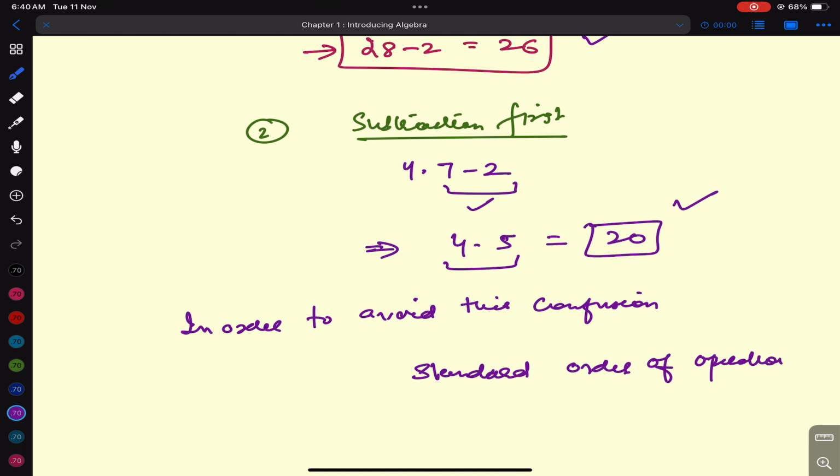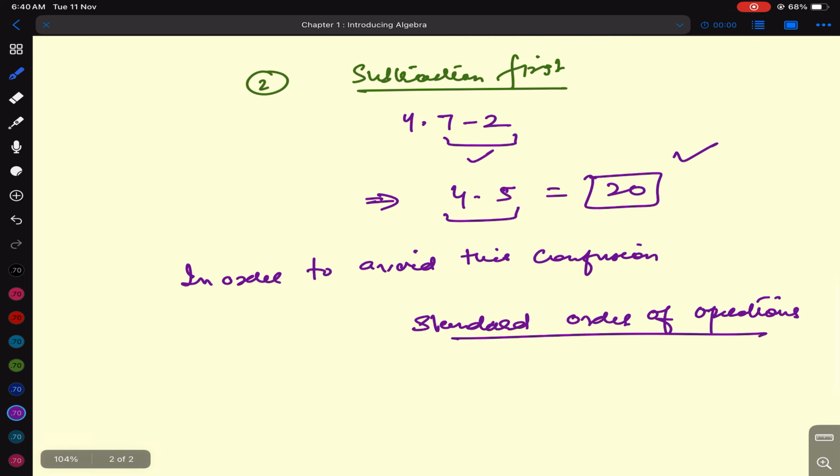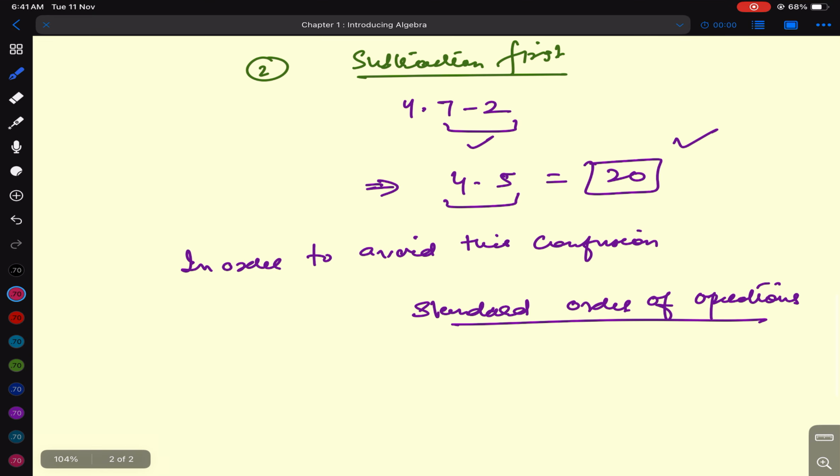So what is that standard order of operations? Before that, I would like to tell you that this standard order of operations is applicable only in the case of a mathematical expression involving multiple operations.